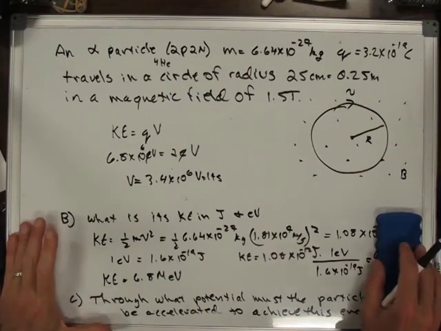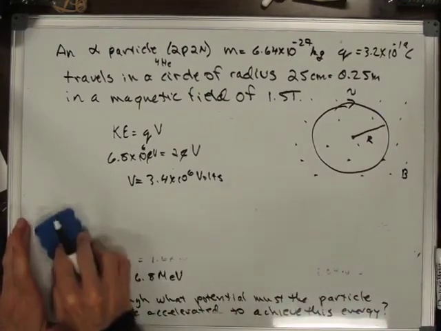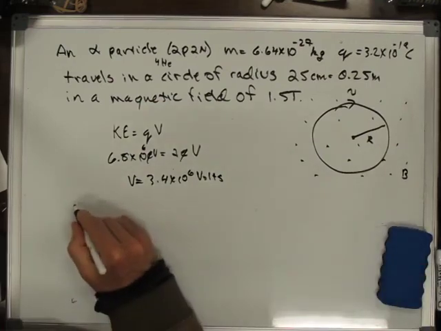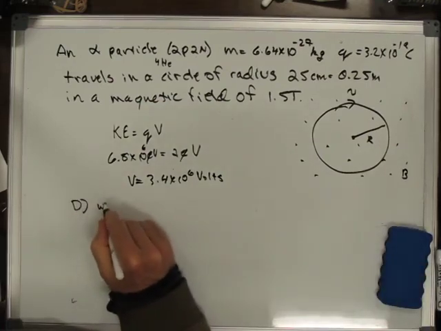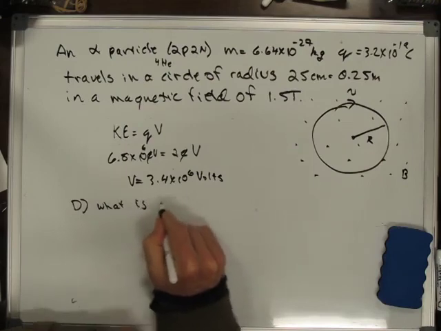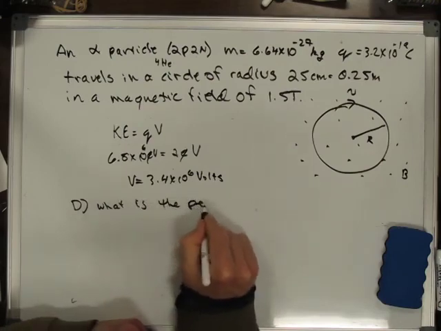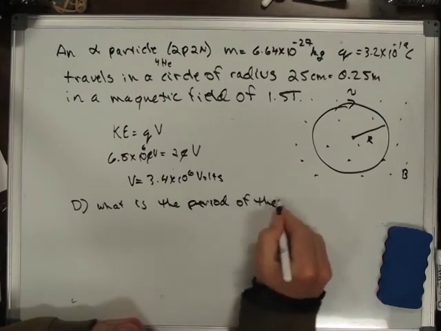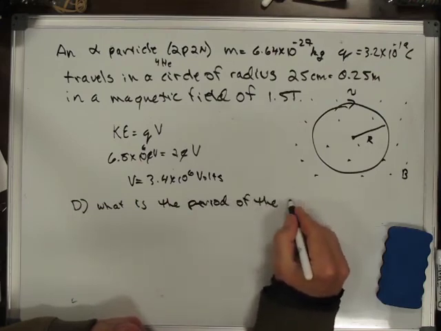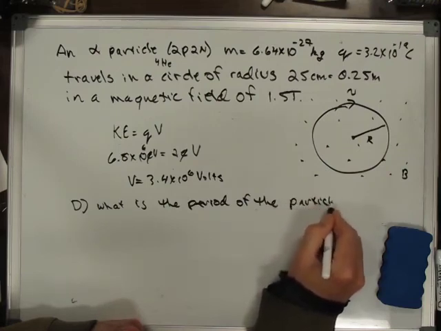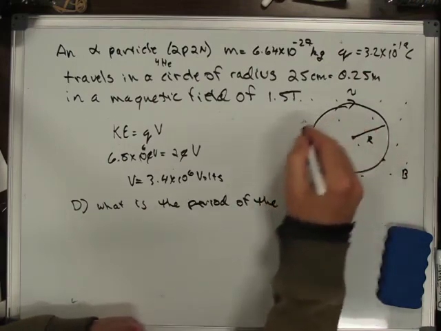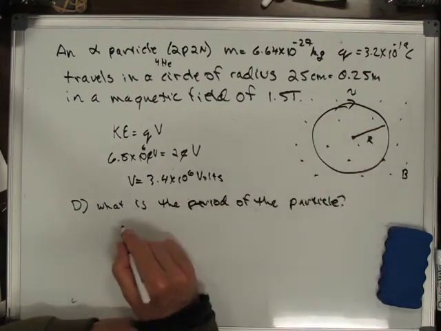We could also, if we wanted to, wasn't in the question, but I could say, we're going to ask what the period of the particle is. That's the time it takes to go around once, right?